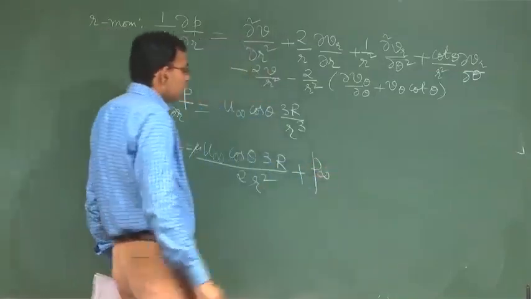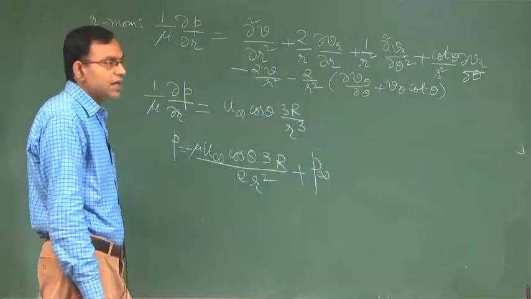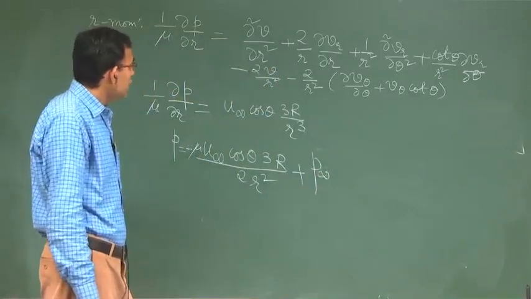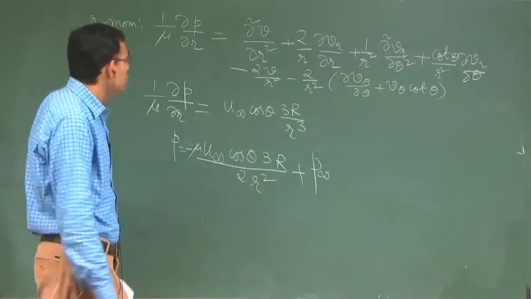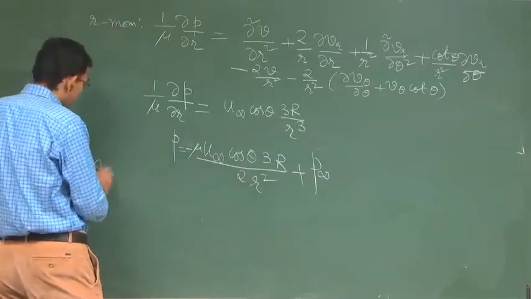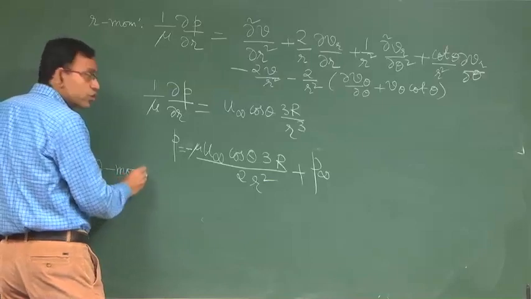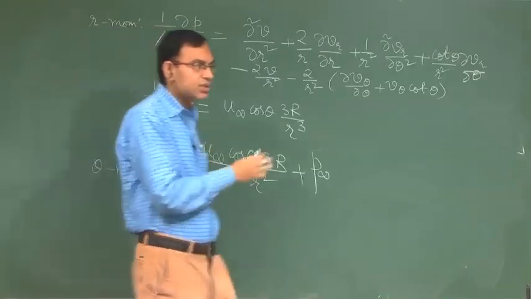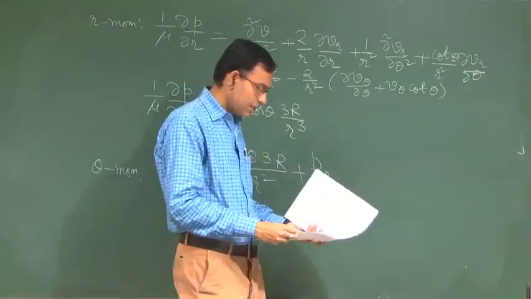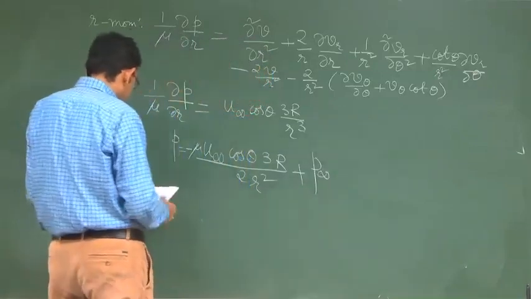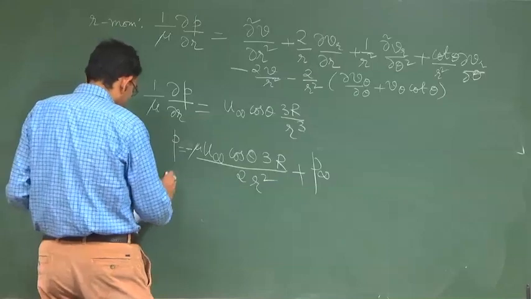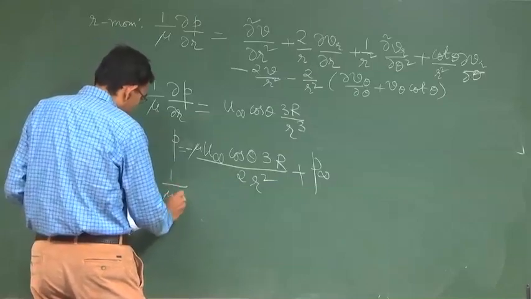You can have an interest to see if the theta momentum equation also leads to the same P. It should, it is a cross check just to make sure that all the calculations are done correctly. The theta momentum equation is also equally cumbersome. So, minus 1 by mu r.